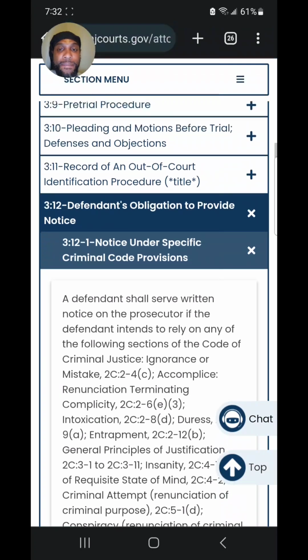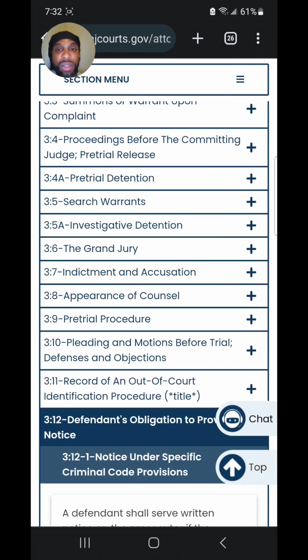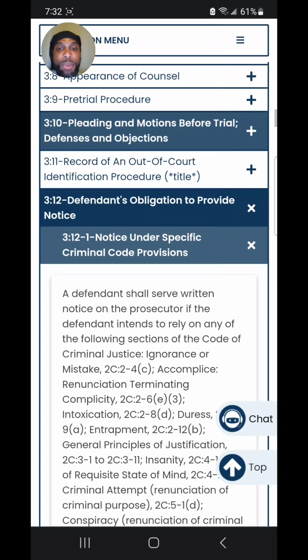So right here, as I showed you the part where he's talking about counsel, the grand jury, he's talking to the judge or before the committed judge. This part right here in particular says the defendant's obligation to provide notice. It doesn't say the lawyers. It doesn't say the judges. It says this is the defendant's obligation.